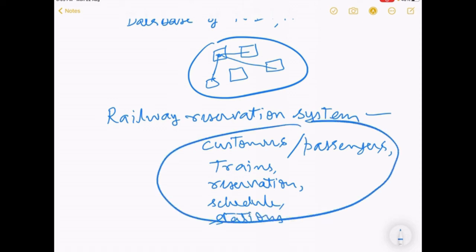All these are data, and all these constitute the database of the railway reservation system, right?